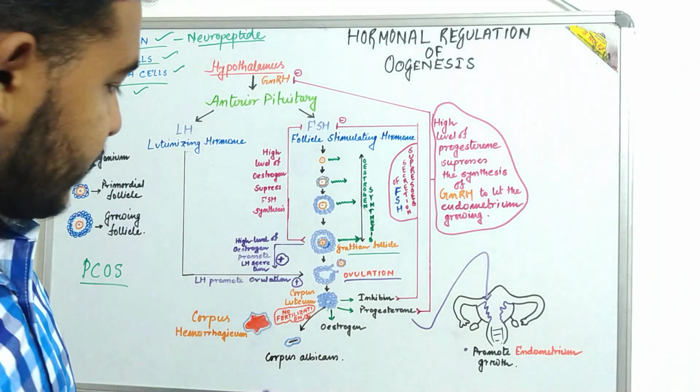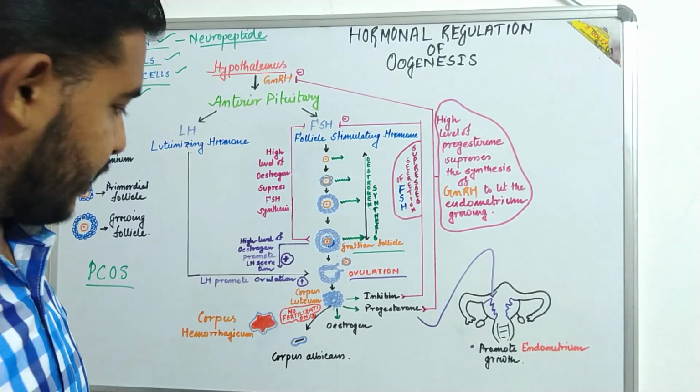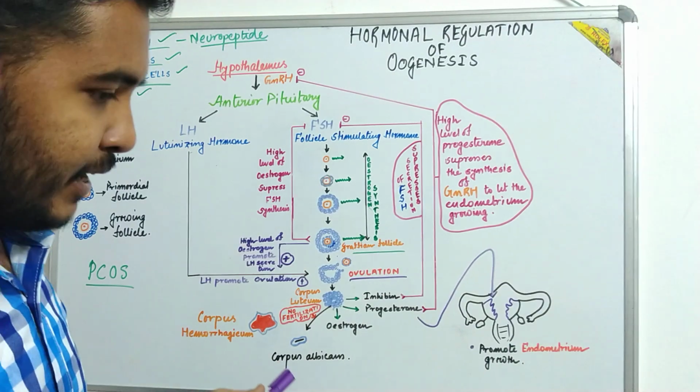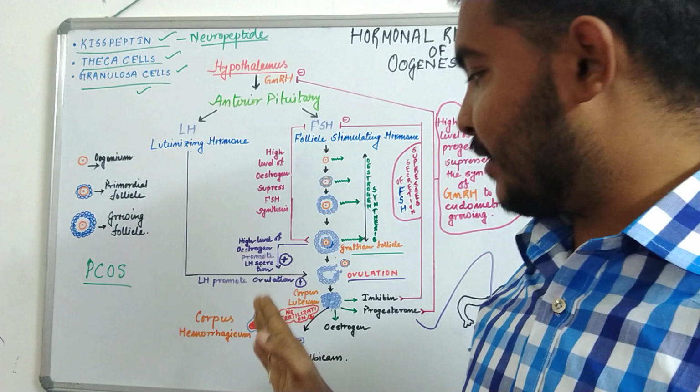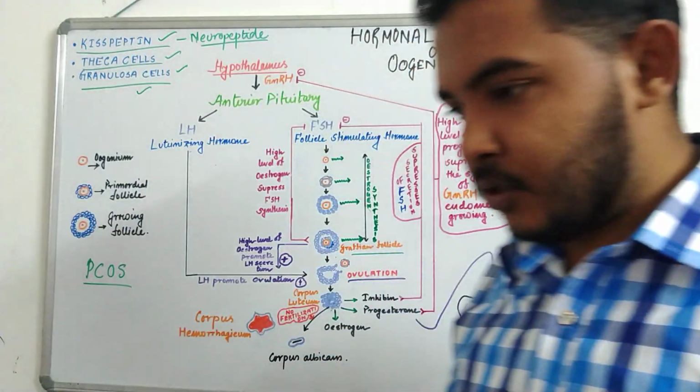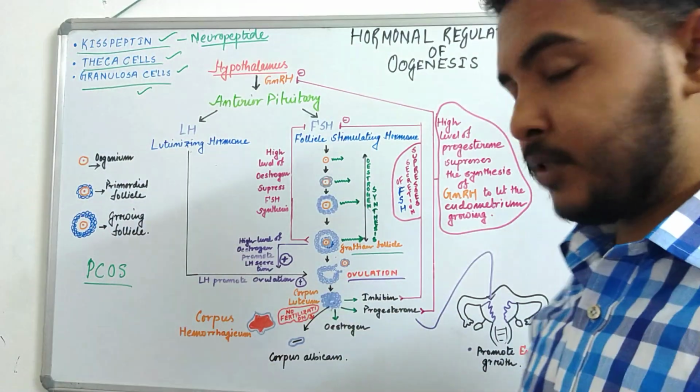This corpus hemorrhagicum then forms the corpus albicans. Corpus albicans is just a scar-like thing that remains inside the ovary when there is no more need of all the hormones that the corpus luteum produces.